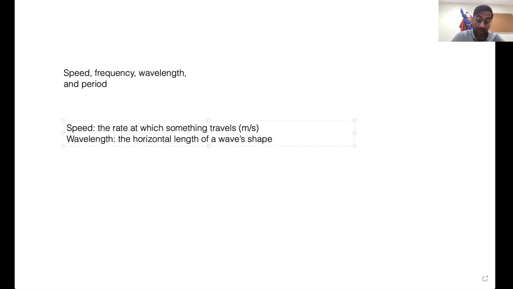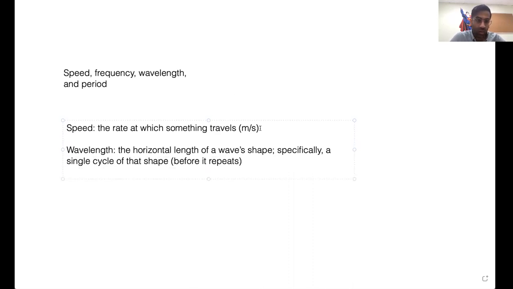I'm going to say the horizontal length of a wave shape, specifically a single cycle of that shape before it repeats. Okay, and these definitions are going to make a lot more sense once I make a visual for you, which is the next thing I'm going to do.